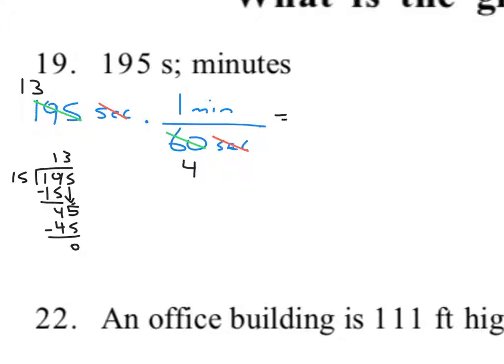And so then what we get here is 13 over 4. The units is minutes. And how many times does 4 go into 13? It goes in 3 times. That's 12, with 1 left over. So 3 1/4 minutes, otherwise known as 3.25. That's how it's shown on your answer page.